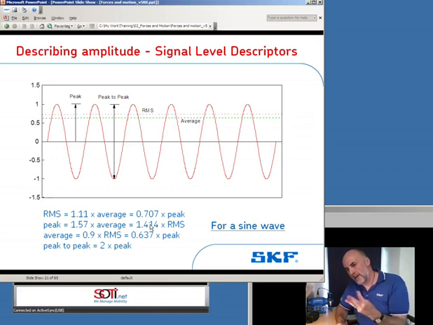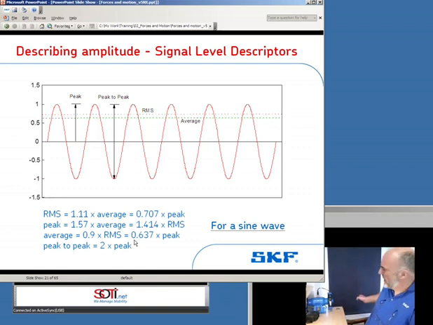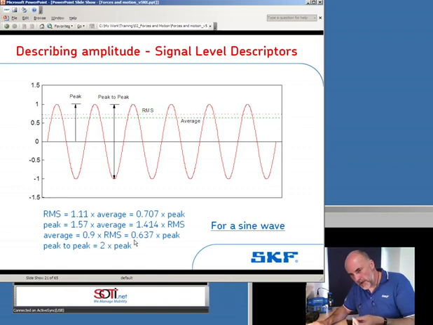But what you're going to be wary of sometimes, not all instruments do this, is that if you set an instrument to peak, it assumes that the bulk of your vibration is sinusoidal and will multiply by √2 to give you the peak value. And that works 90% of the time. So you can sleep safely tonight.